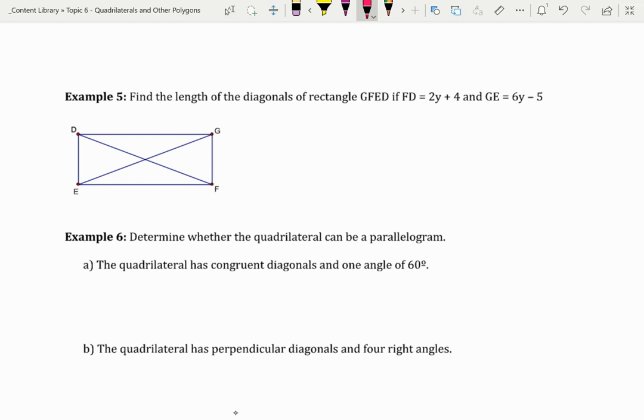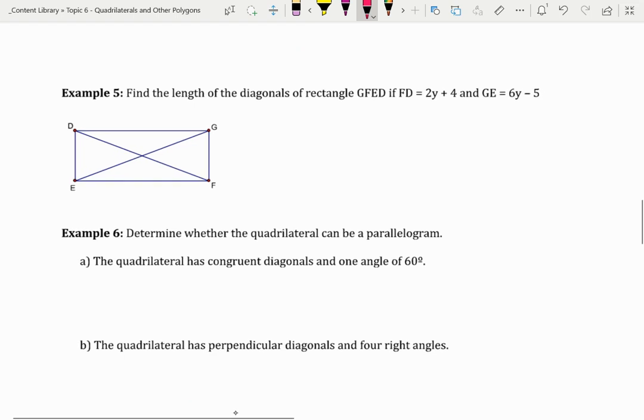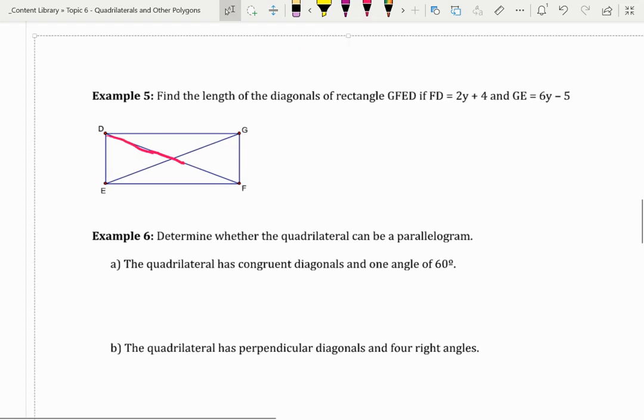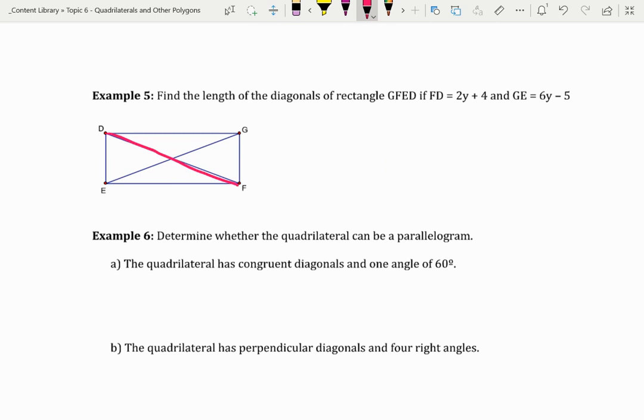Find the length of the diagonals of a rectangle GFED if FD is 2y plus 4. Ooh. Let's try that again. This one is 2y plus 4. And GE is 6y minus 5.